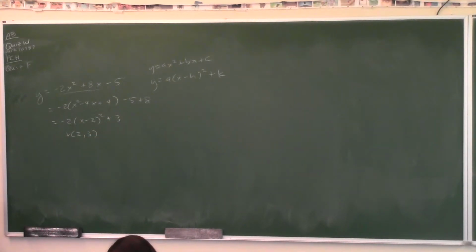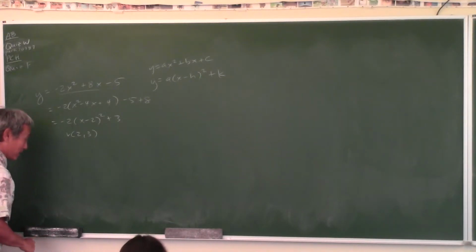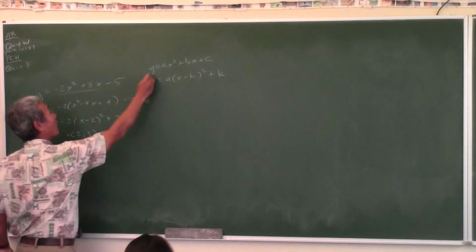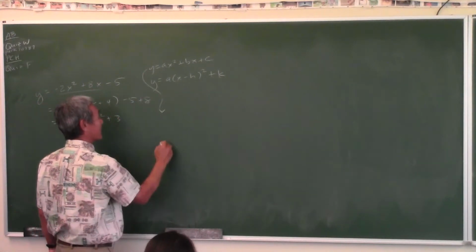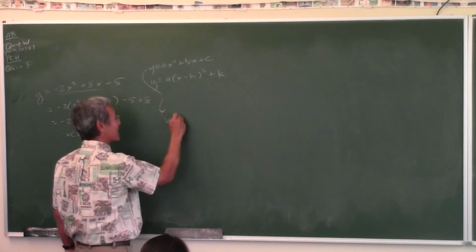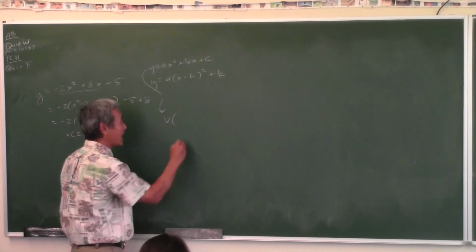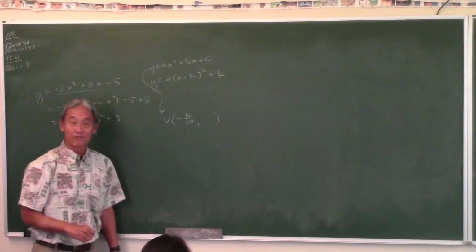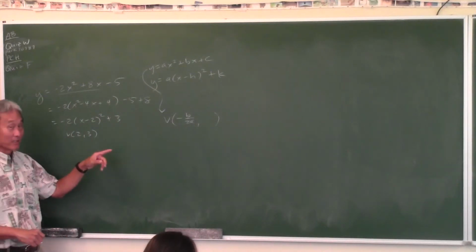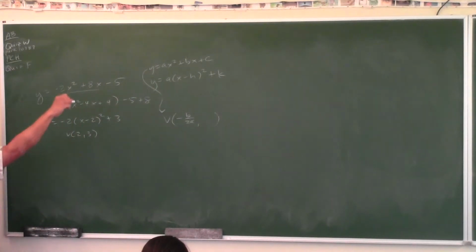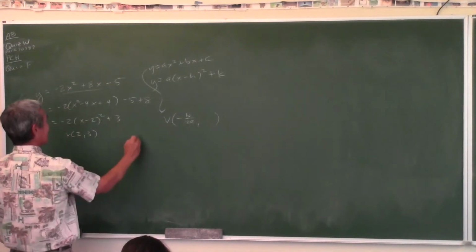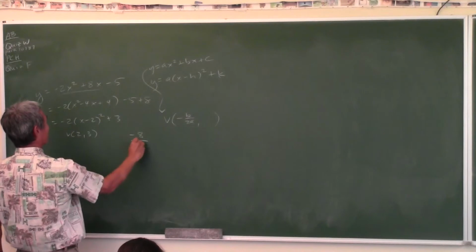But, Mr. Park, I don't like completing the square. So your teacher last year told you something. When it's written in this form, standard form, your teacher taught you that the vertex is always located at x equals negative b over 2a. Does that sound familiar? That's very important in this chapter and in subsequent chapters. So this is a, b, and c. What is negative b over 2a?